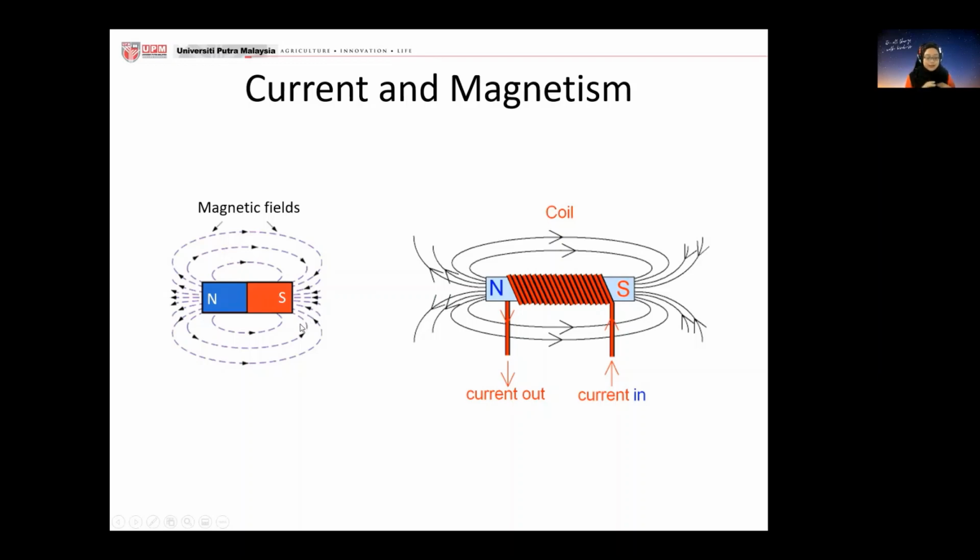In magnets, they have magnetic fields, and the field direction always goes from north to south. But what if you have just a normal metal? If you have something like that, can you make it a magnet?